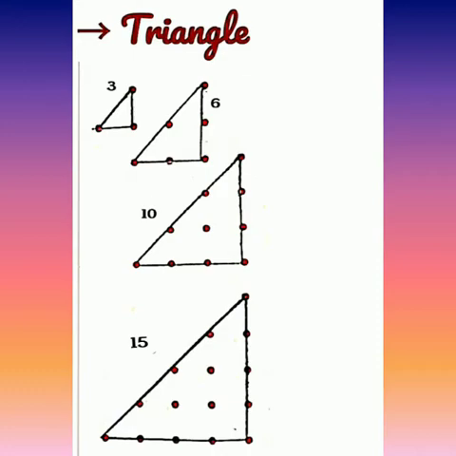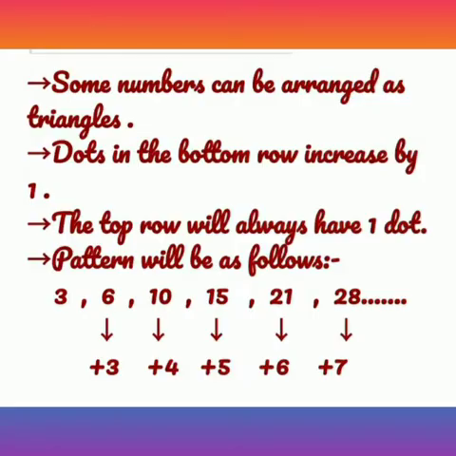You can try them. And how? You have to increase 1 dot at the bottom row and 1 dot you have to put at the top row. Okay, as shown.